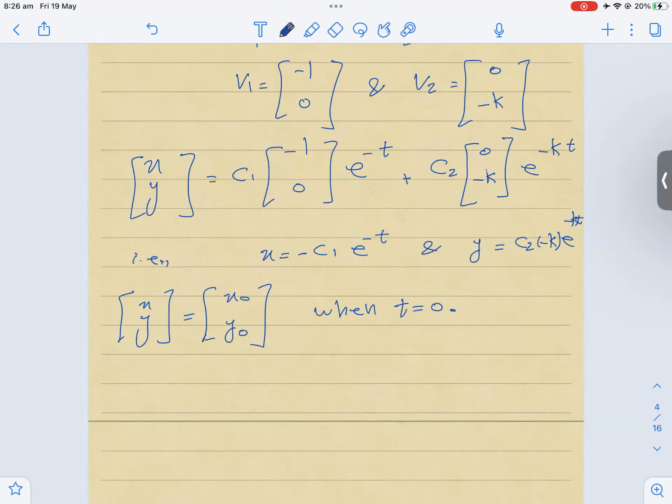So from here, this minus c1 will be just x0. At t equals 0, x0 will be equal to minus c1.